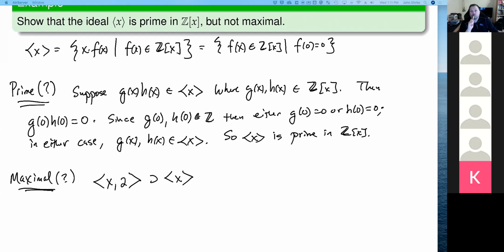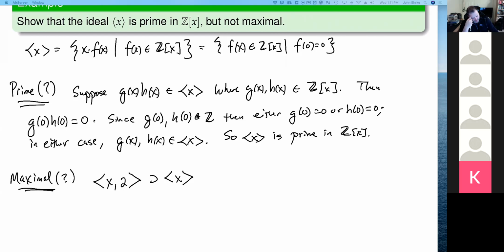Yes. So you would be saying that a product with factors outside the ideal never ends up in the ideal.